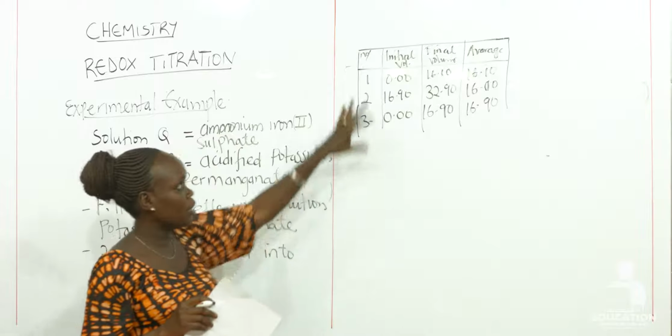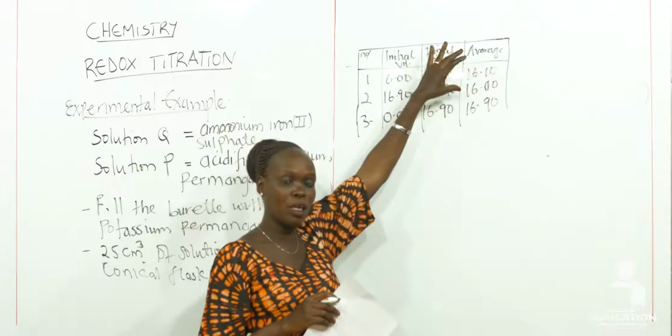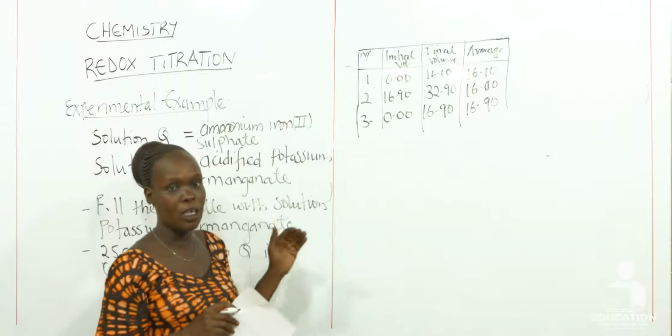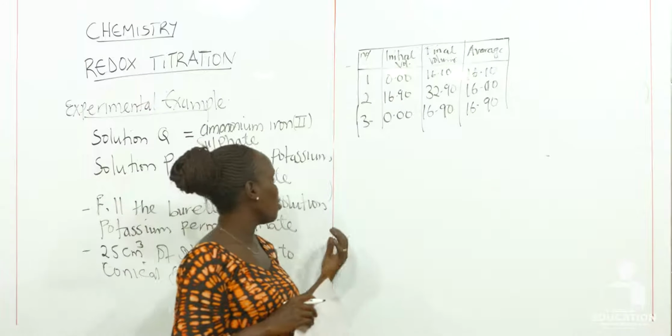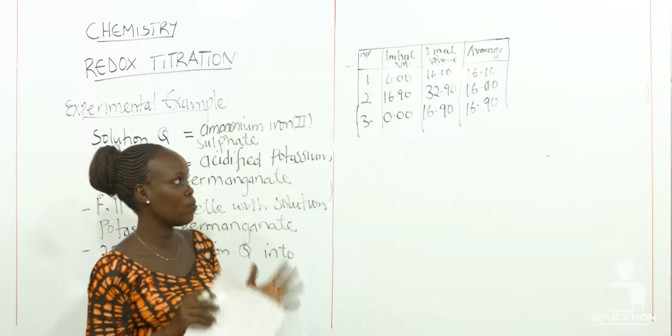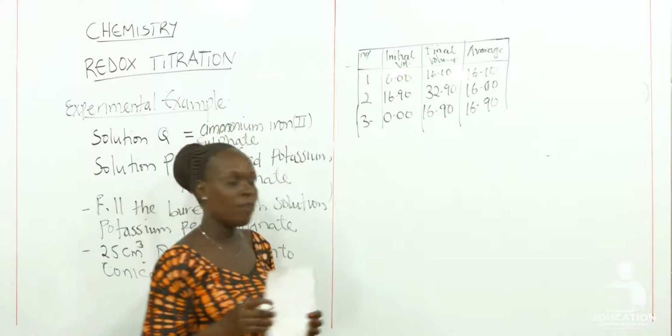So we have seen that 16.10 and 16.00 are almost similar, so we need to get the average for it in order for us to get the volume of potassium permanganate in the burette, so that we shall know that this is the volume that reacted with the content in the conical flask.